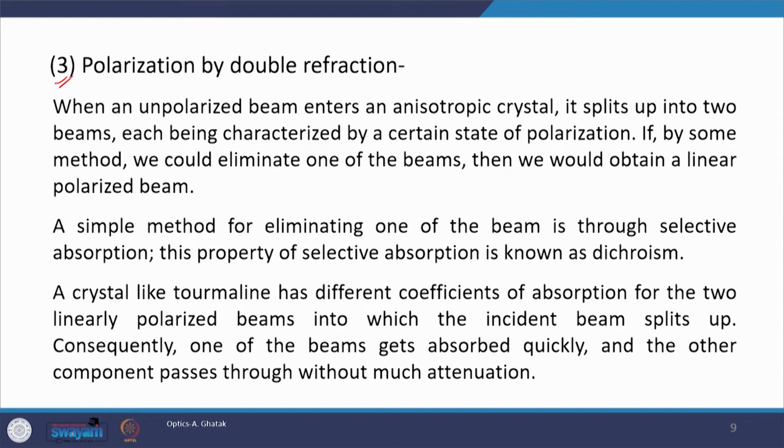Now, the third method to get polarized light is polarization by double refraction. Here we use a birefringent material, and we know that when unpolarized light is incident on an anisotropic crystal or a birefringent material, it splits up into two beams, each being characterized by a certain state of polarization.